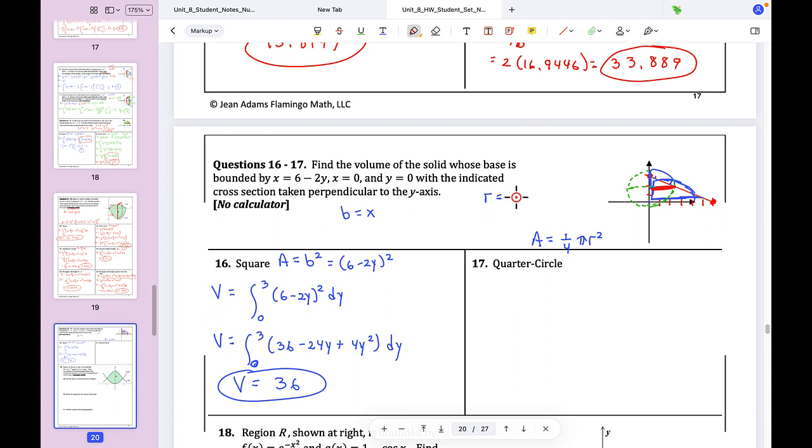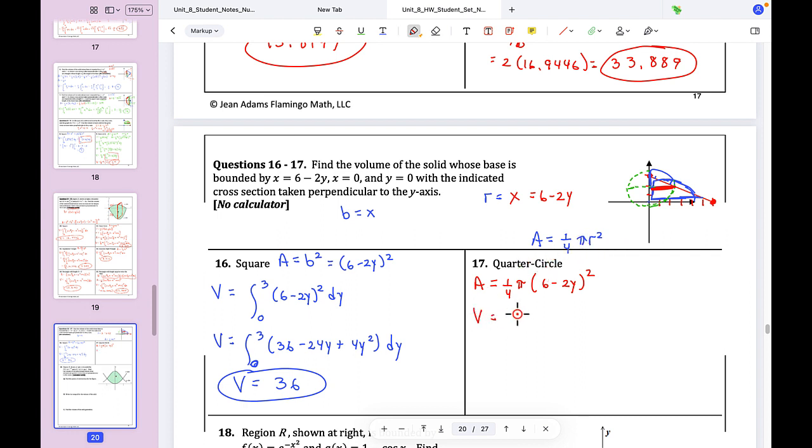So r is actually x, the x distance. So my area is going to be 1/4 pi, and then we have 6 minus 2y, that's x, squared. 1/4 pi r squared.